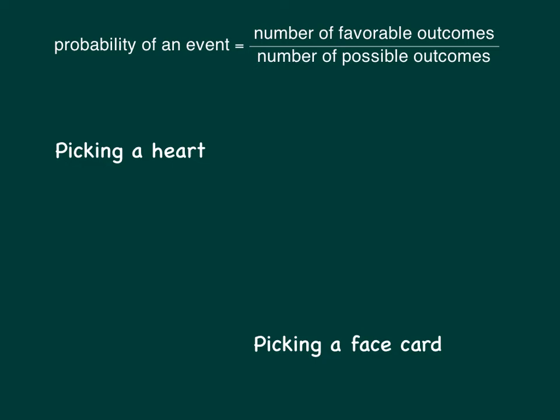Would it be an event that would most likely happen? Would it be an event that is unlikely? Would it be an event that's certain? An event that is certain means you're definitely going to have that happen no matter what.